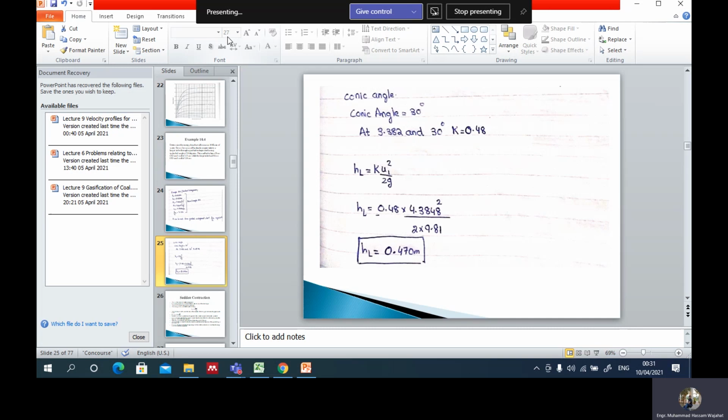So as a comment, you would say that sudden enlargement would always have a greater energy loss than gradual enlargement. What is the reason? In sudden enlargement, turbulence is created very fast. It is very chaotic in nature. It is produced fast. As a result, the energy loss is significantly greater than the energy loss in a gradual enlargement.